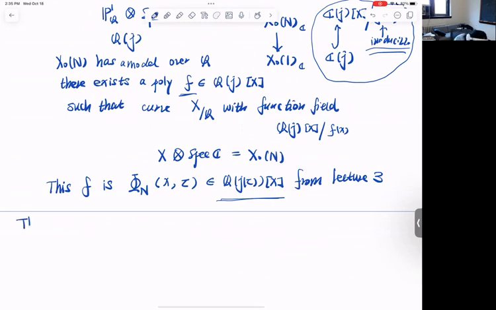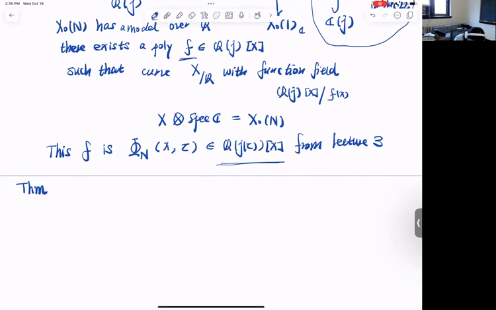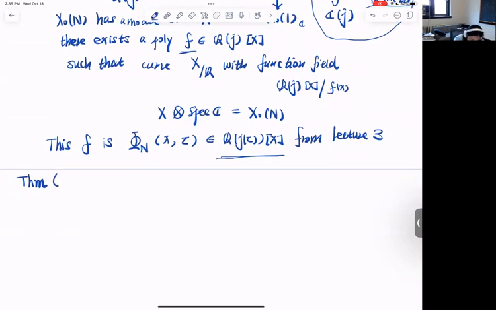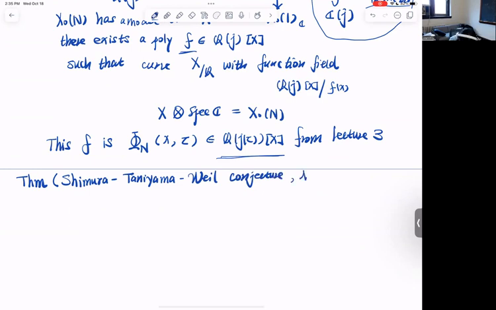So here comes the super important modularity theorem. This theorem is often referred to as the Shimura-Taniyama-Weil conjecture, or since it's already proved, is often referred to as the modularity theorem.